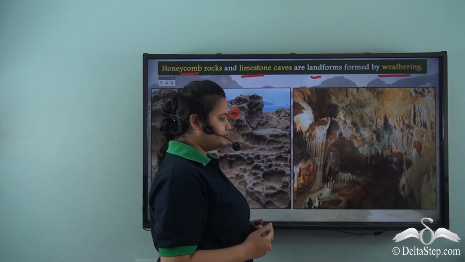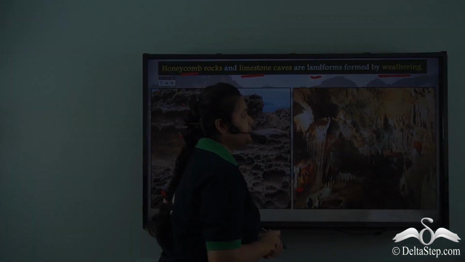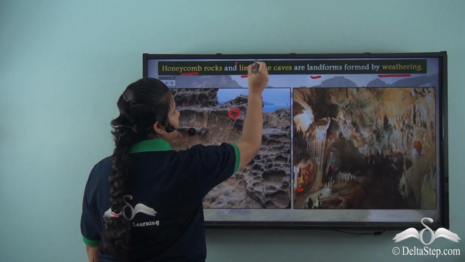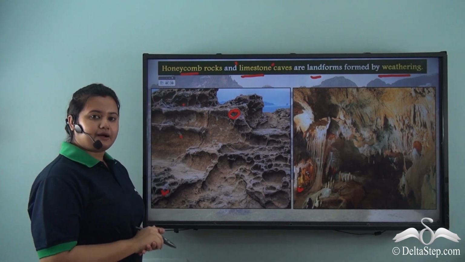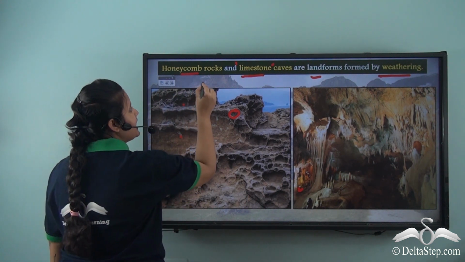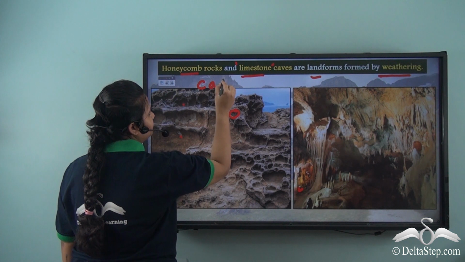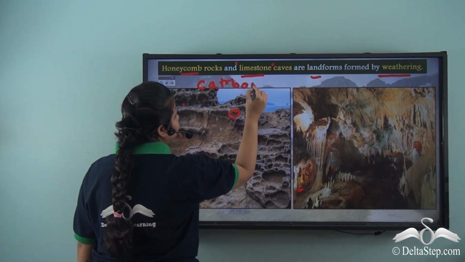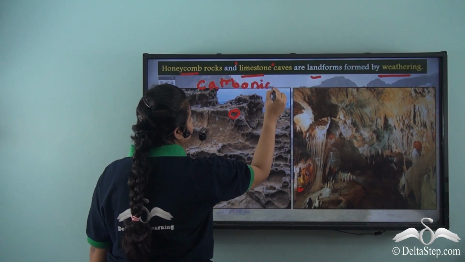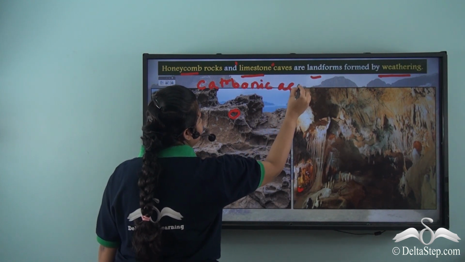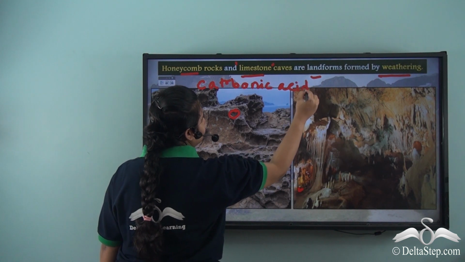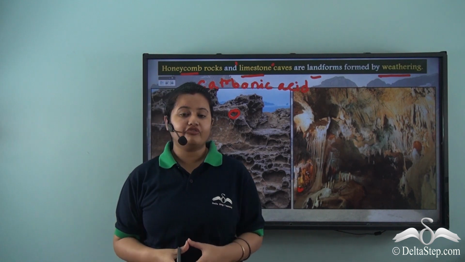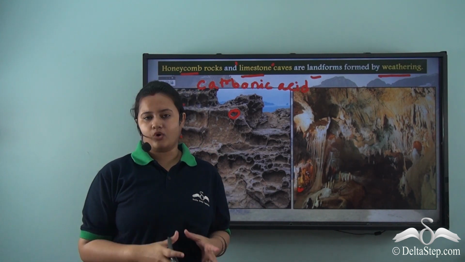Now coming to the second picture, limestone caves. Well, limestone caves are rich in a compound called limestone. Now this compound is soluble in carbonic acid. Now carbonic acid is a combination of carbon dioxide and water.